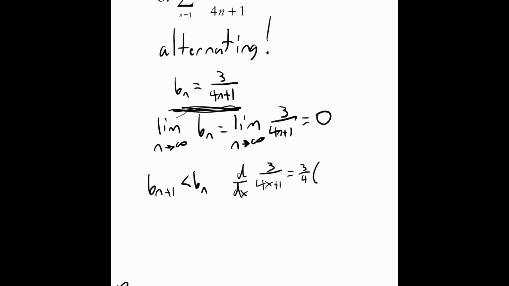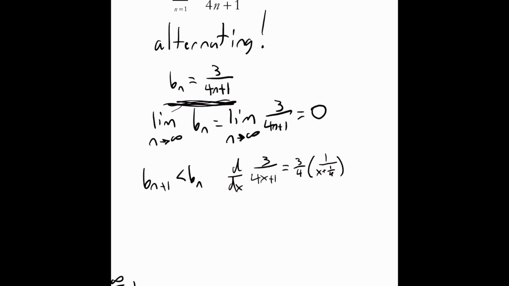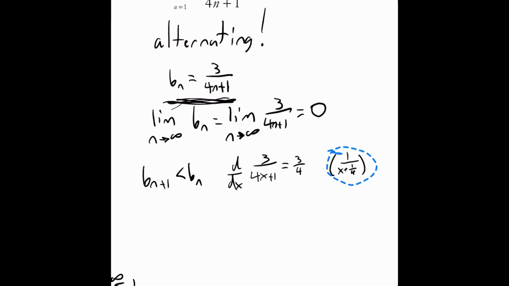Right, take the 3 out of the numerator, take the 4 out of the denominator. I forgot to write the derivative symbol. I was trying to say let's just factor that out from the derivative. And now maybe we can see a little bit more clearly what this derivative is supposed to be. Right? I say maybe.